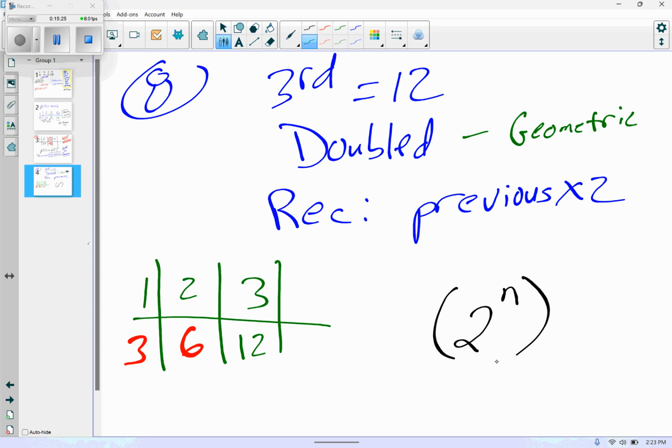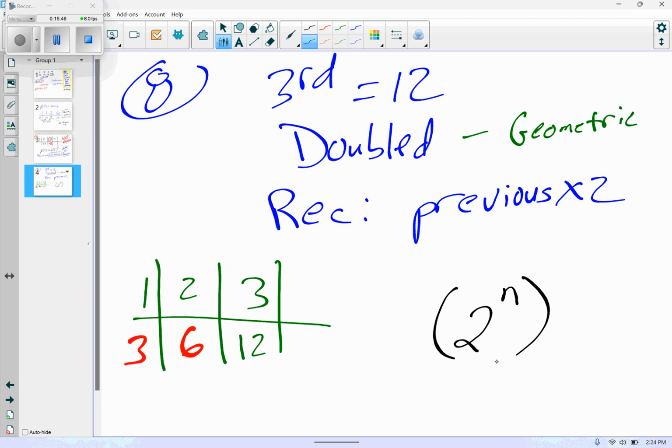Let's see, 2 to the first is 2. I get to 3 here. Okay, hang on.